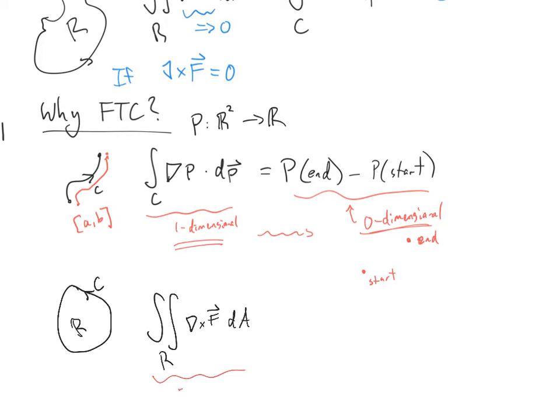This is implicitly two-dimensional because I have to go over this whole interior of R, which is itself a two-dimensional object, and I'm integrating over an area form. And it tells me it's equal to a one-dimensional integral over C. It turns out to be a closed curve, so we put that loop there, of f dot dp. And this right-hand side is now one-dimensional.